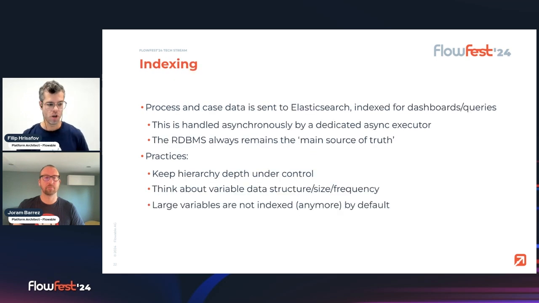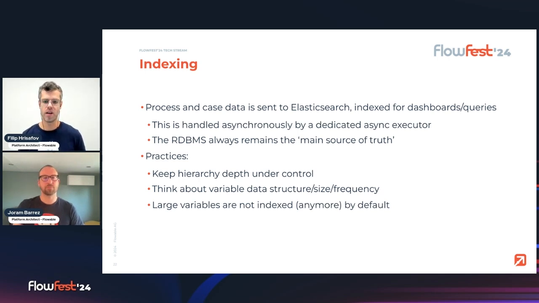Another approach that is really important for Flowable is the indexing, right? So here we have processes and cases data. Whenever something gets changed in a process or a case, this data is sent to Elasticsearch, which is their index, and it's later used for dashboards and queries.